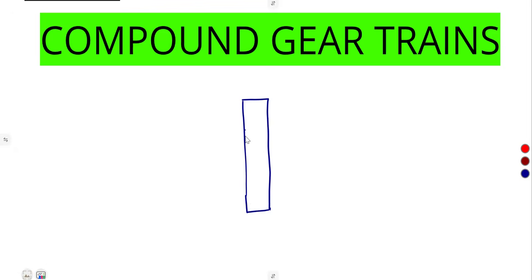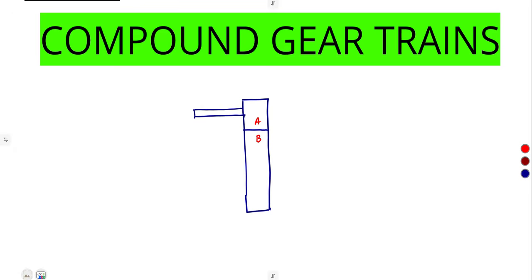You will be having gears A and B, just like before. We had gears A and B, and gear A was connected to its input shaft.